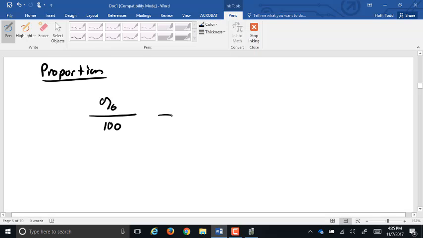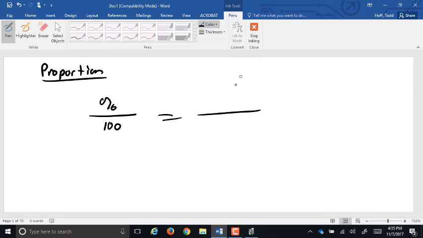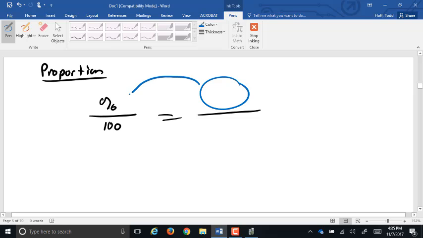And the other proportion, whatever goes here has to represent the same thing that's represented by the percent. Whatever goes here has to represent whatever the 100%, the whole amount, or the beginning value, which is always the 100%. So those things have to match up. That's why the proportion works really well for these word problems.